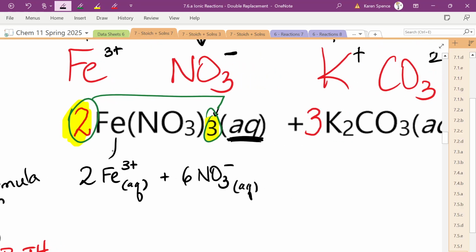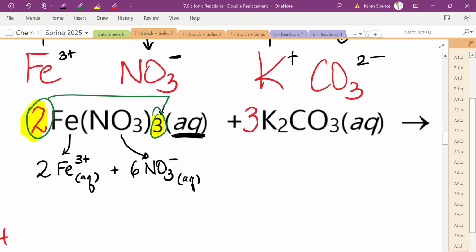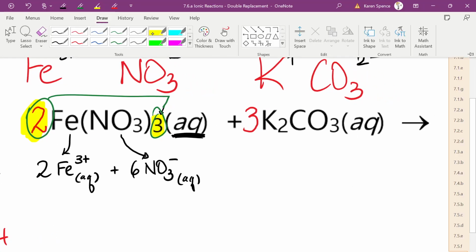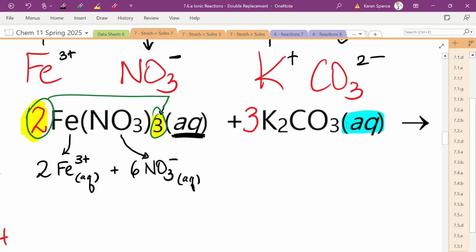Okay, so we split that up. We've got our irons and we've got our nitrates. Our next substance is aqueous. Do we split it apart? Yes, we do. When it's aqueous, we split it.